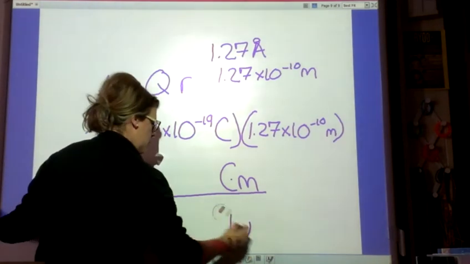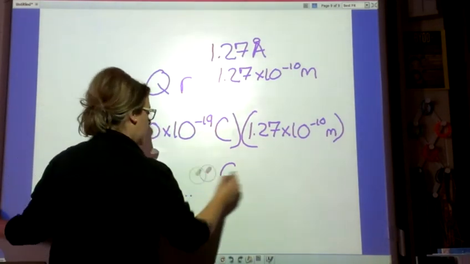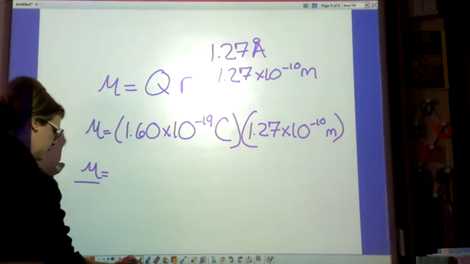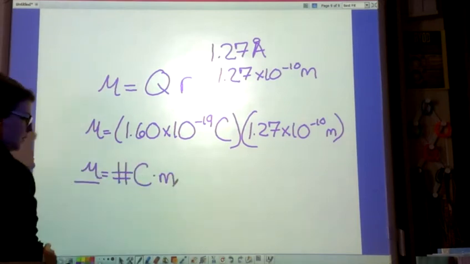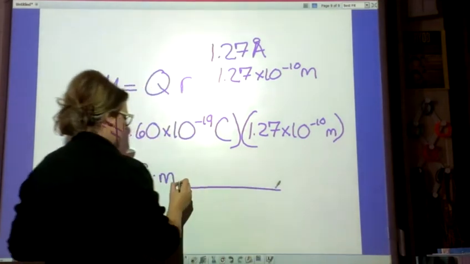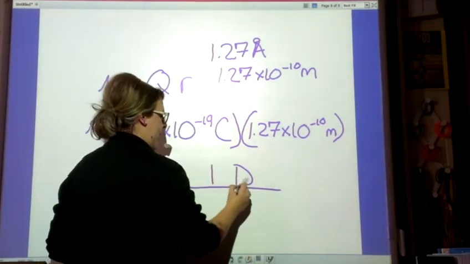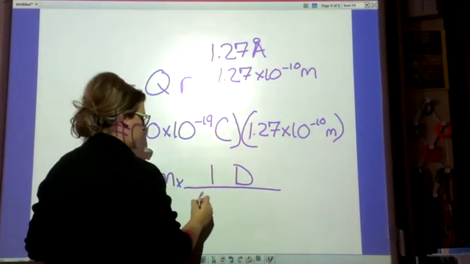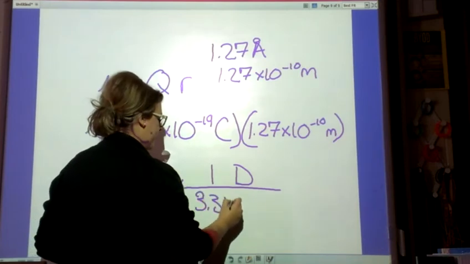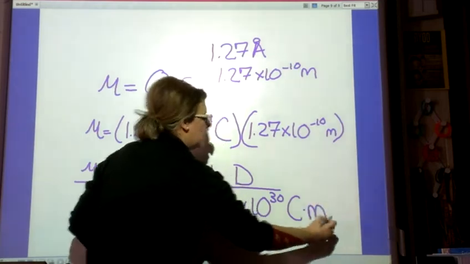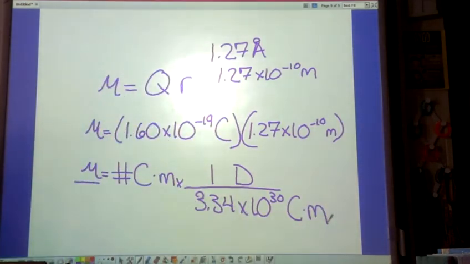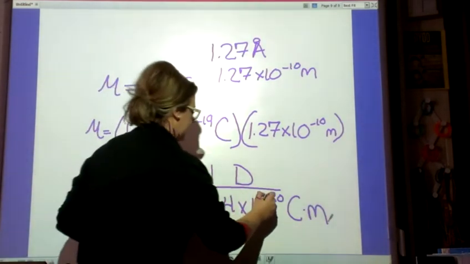So when you have that number, I have my number in Coulomb meters, and then I know 1 debye is equal to 3.34 times 10 to the negative 30th Coulomb meters.